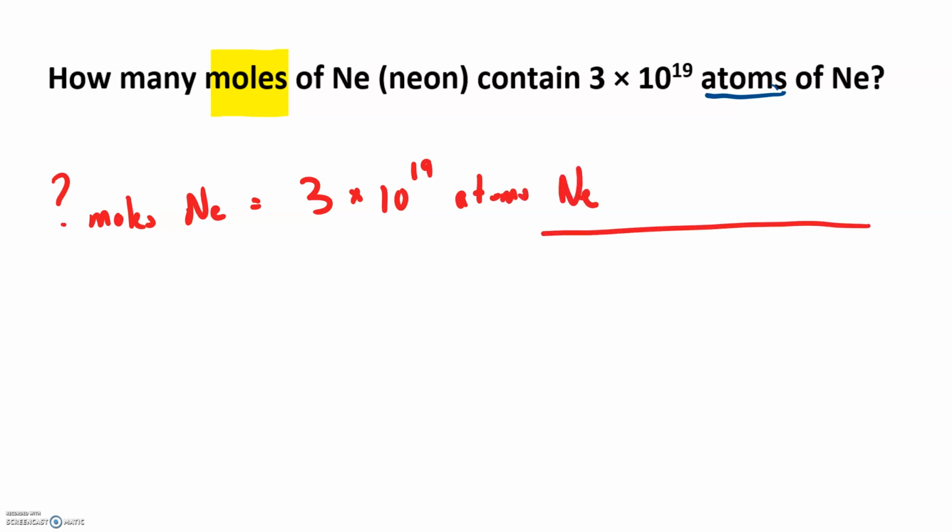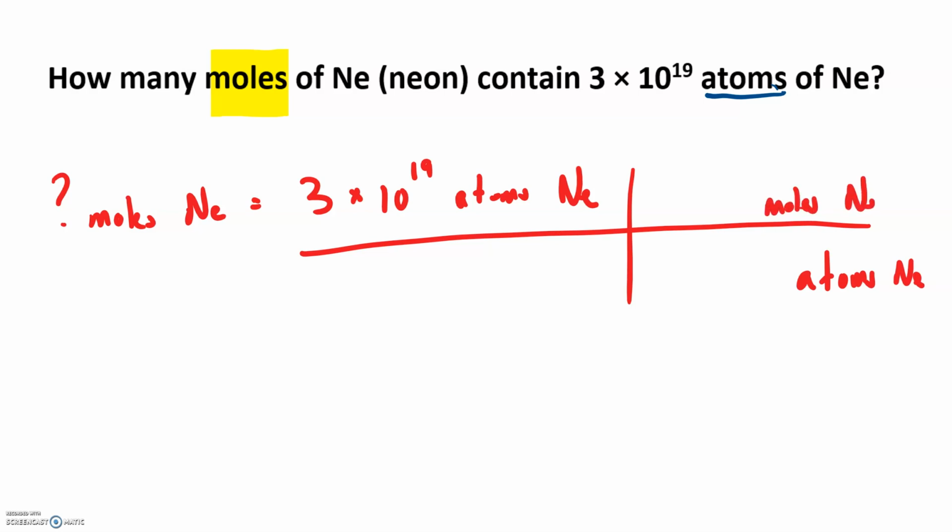So our conversion factor is going to look like this. Atoms of neon is going to go on the bottom because that's what we got. Moles of neon is going to go on the top because that's what we want. And 1 mole of anything, there are 6.02 times 10 to the 23rd. Atoms, of course, cancel. Leaves our answer in moles.